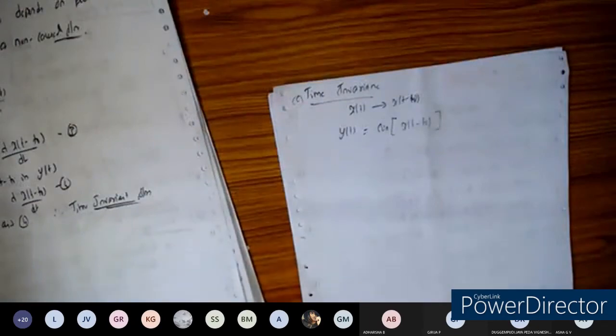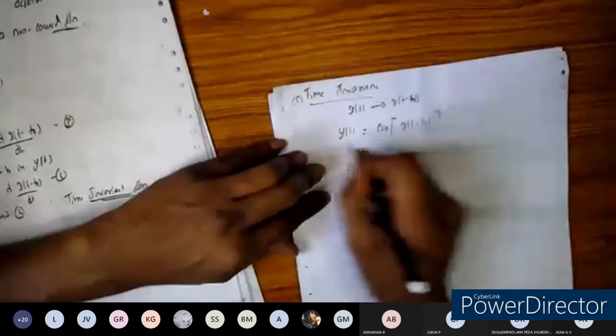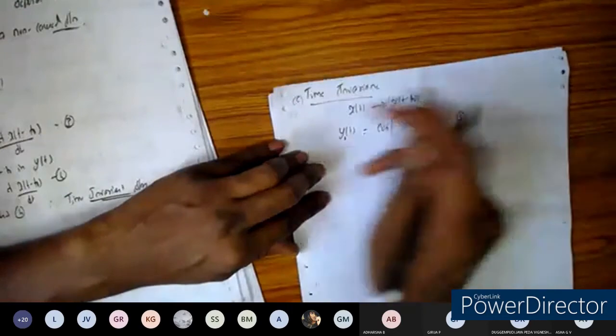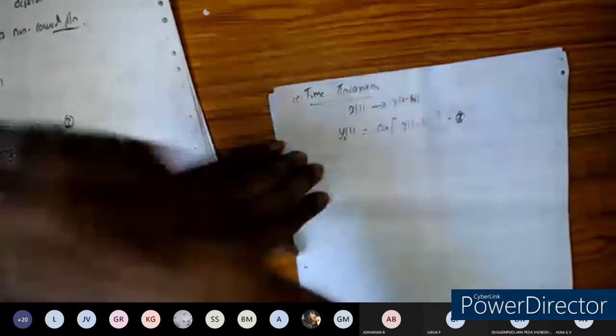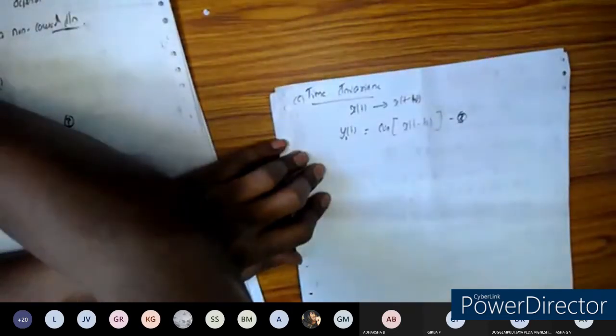Let us say this is nothing but y1 of t. Call this equation number 3, since we have already taken 2.